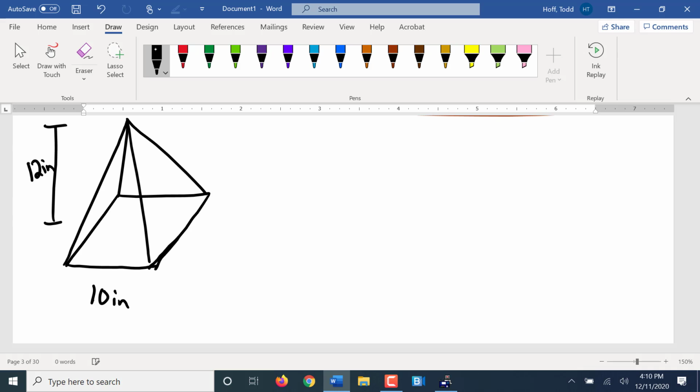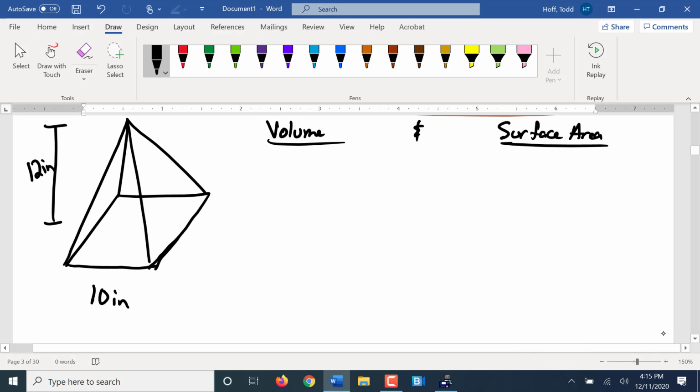For this pyramid, in your notes, we've got a little time, so let's try to find the volume and the surface area again. I'll give you a few minutes. Okay, so for the volume here, again, we start with the area of the base.